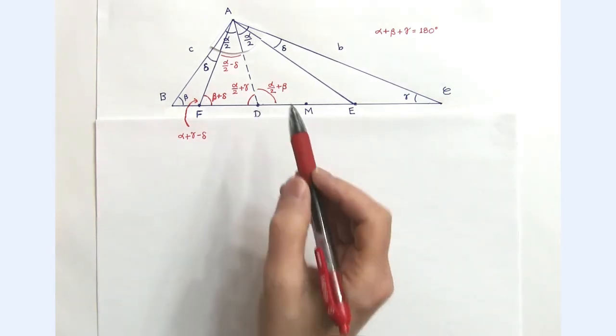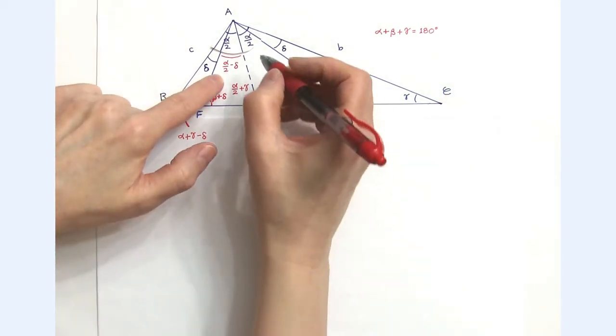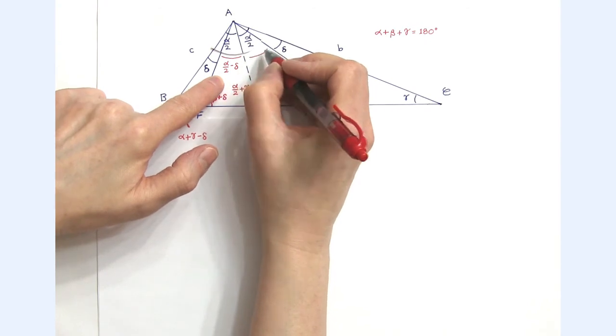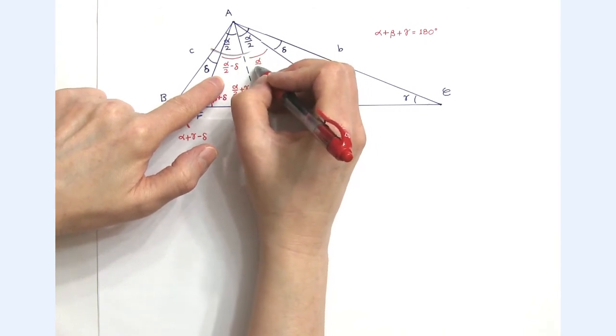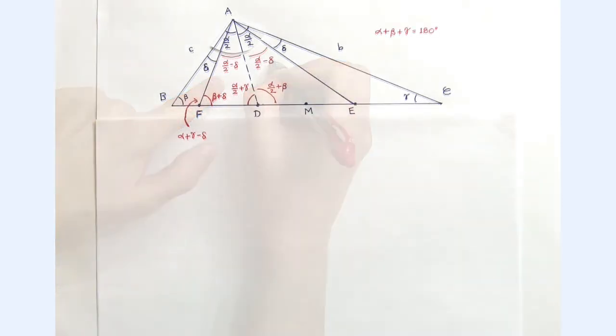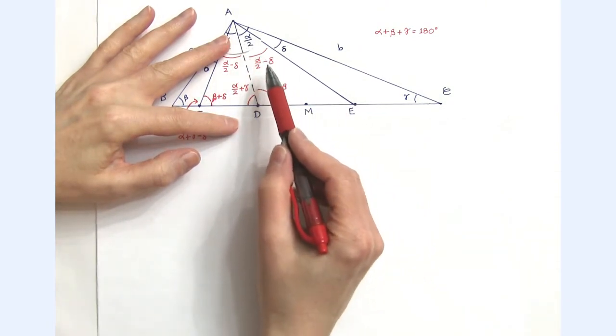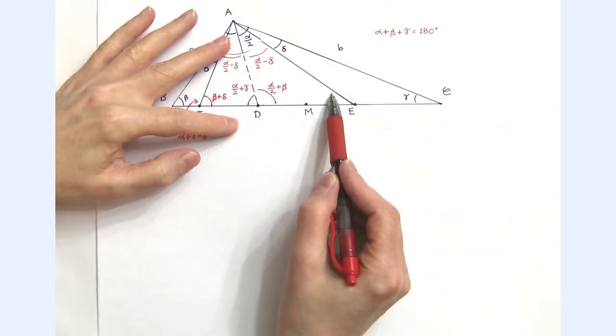So this angle is just alpha over 2 plus beta. And finally, like before, this angle we know is half of alpha minus delta, and then we know that in triangle ADE, these angles have to add up to 180.